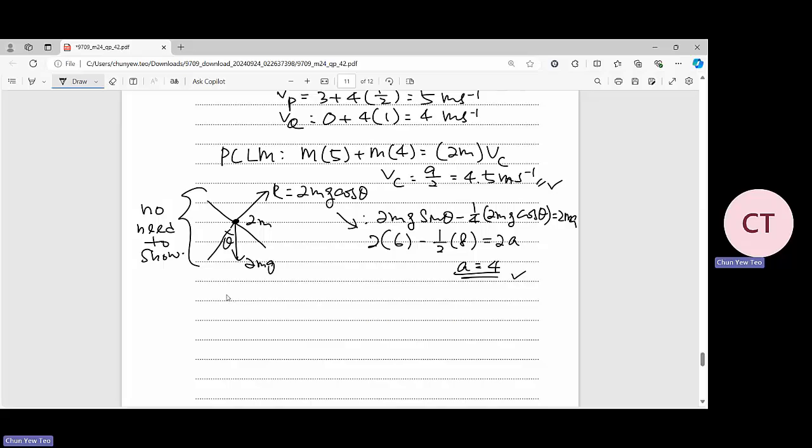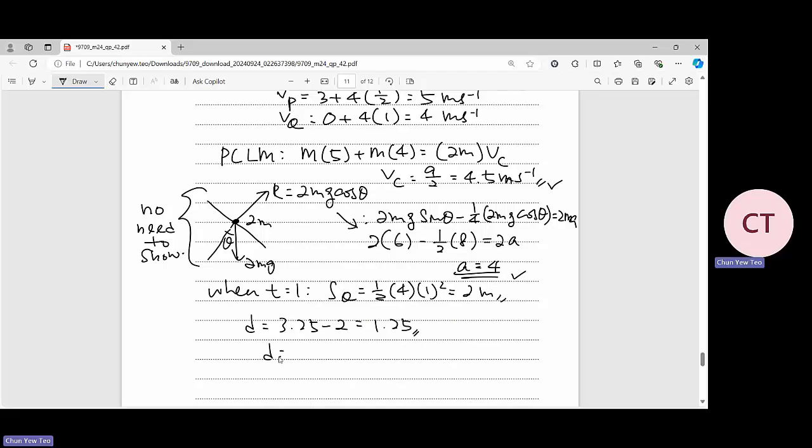So when t is equal to 1, for Q, you already travel half a t squared, then you already travel 2 meters. So the remaining distance is actually 3.25 minus 2, which is only 1.25 left.